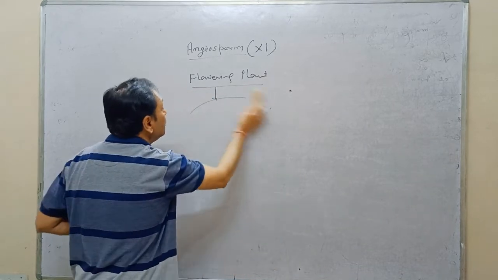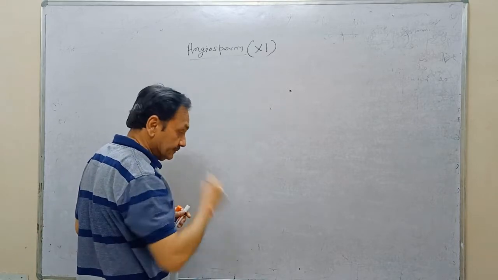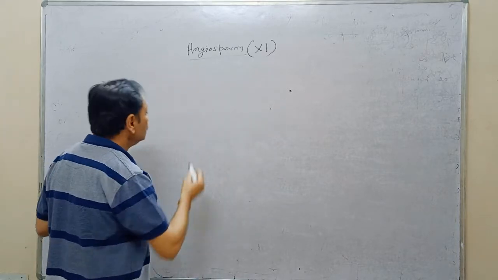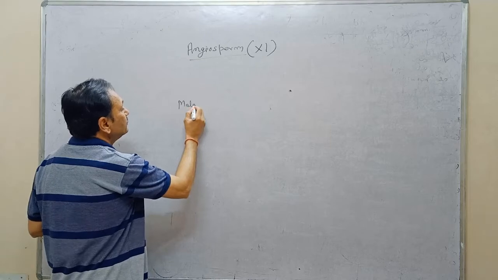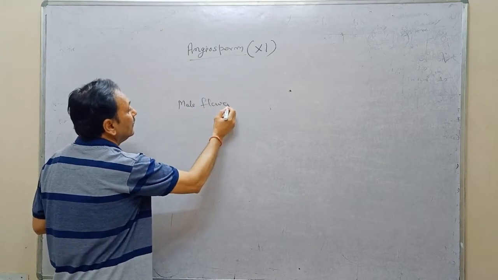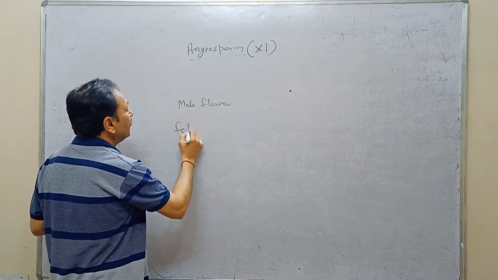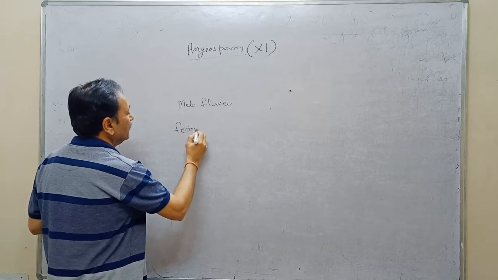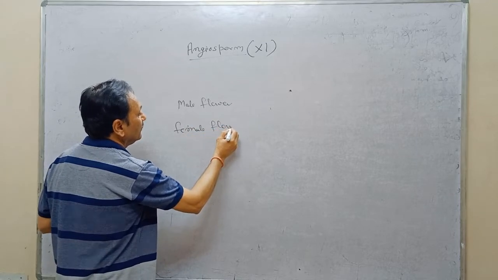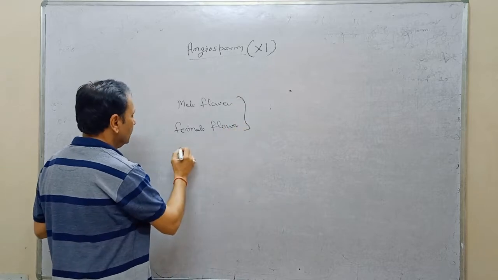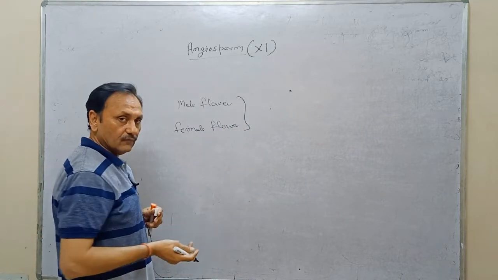And flowers may be of three types. One is male flower, another is female flower, and the third one is both male and female.